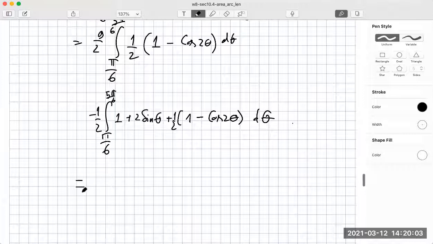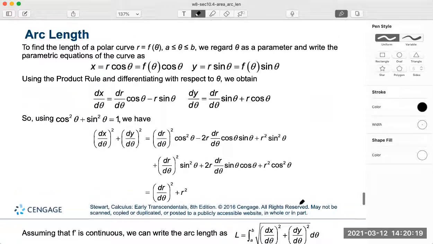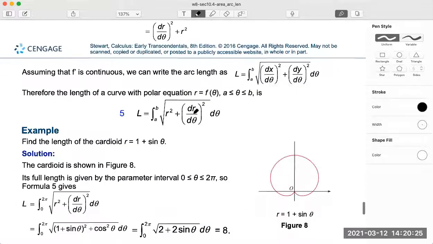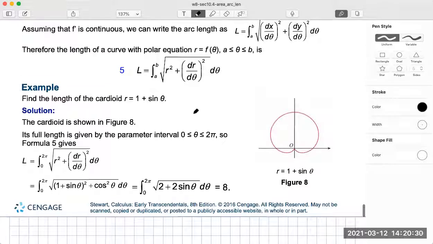So the final result of this, just do some more steps, is pi. Double check it yourself at home, okay? And the second part is the arc length here. Try to go home and read this in advance and do this example. Try to do it. And next time we'll continue from here. Okay?